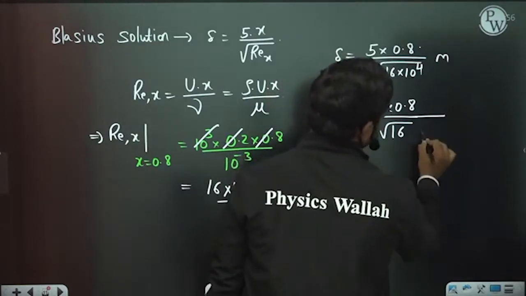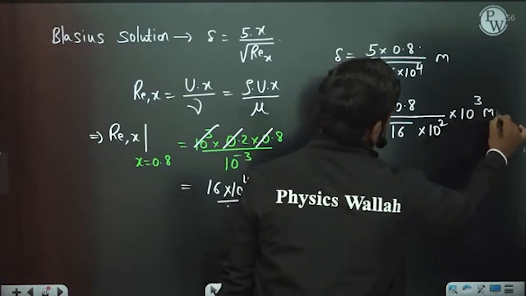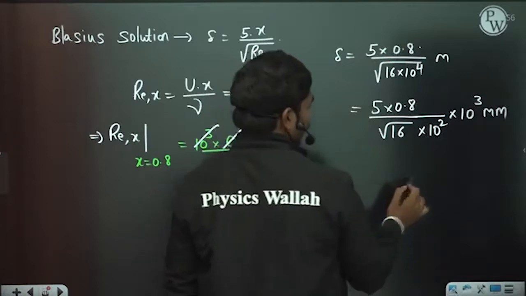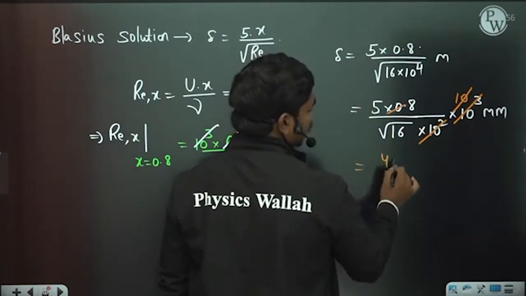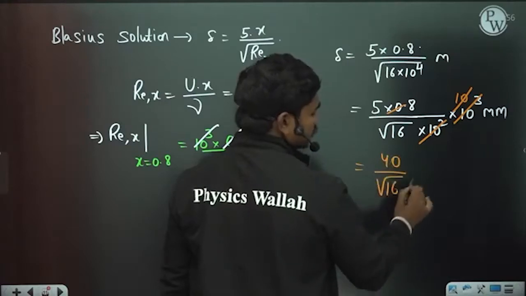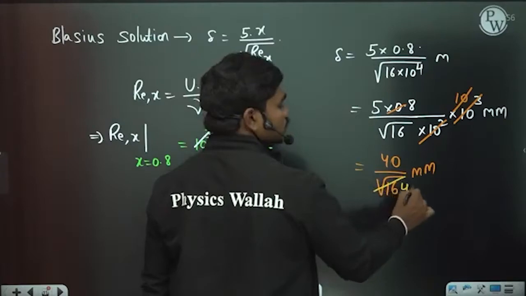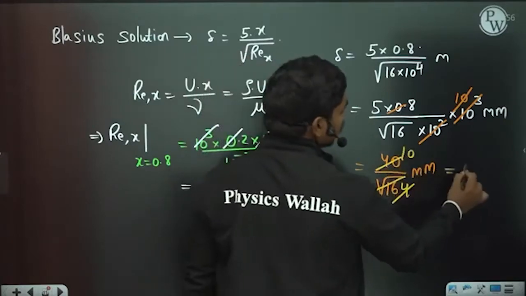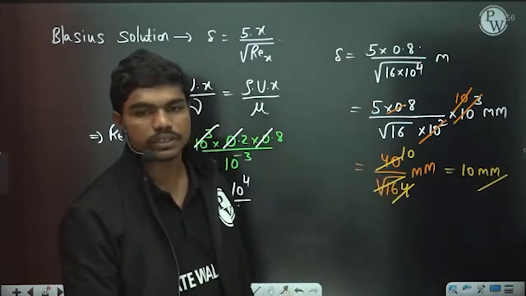If you take 10^4 out of the square root, we get 10^2 into 10^3 mm. So this becomes 40 by square root of 16 mm. The square root of 16 is 4, so 4 cancels 40 ten times. So the total is 10 mm, the boundary layer thickness here. It's a simple question. So it's 10 mm.